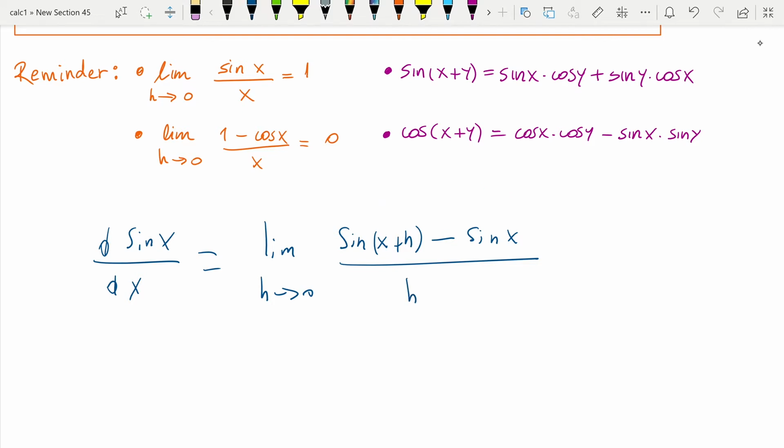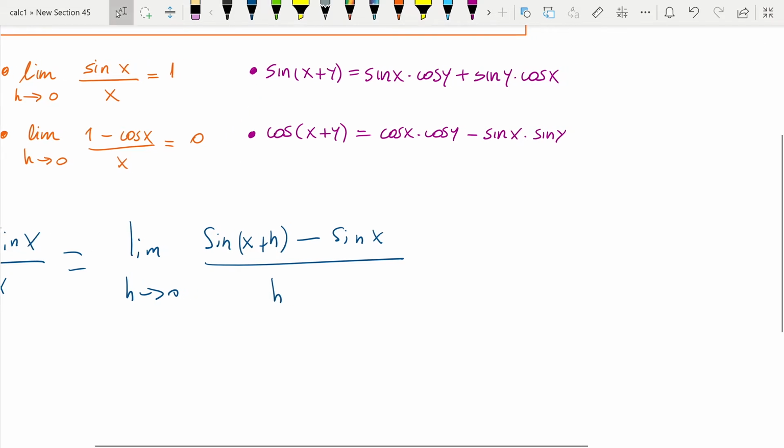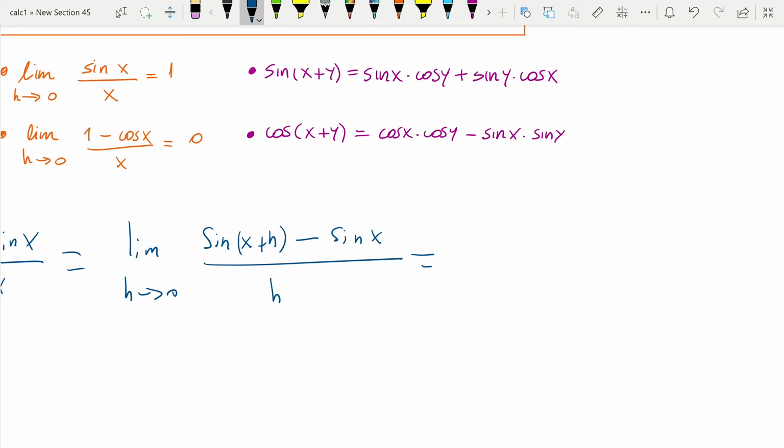And we have to compute that limit. Sine of x is nothing we can do, but if we look at the first formula here, we can compute the sine of x plus h in terms of the sines and cosines of x and h. So here we'll apply this formula when y is equal to h. Wherever it says y here, we'll just use h.